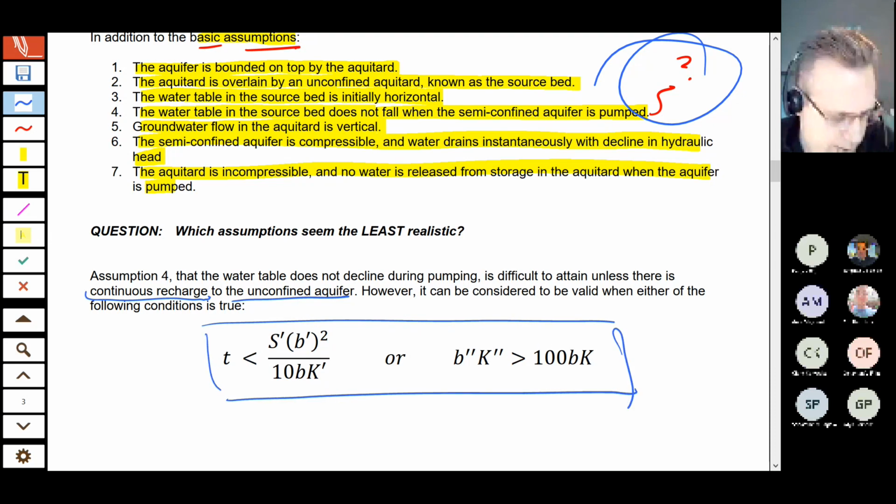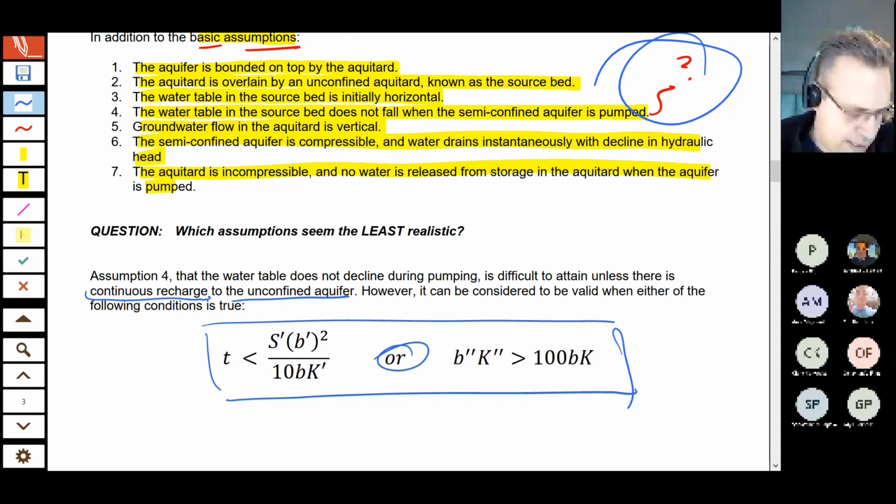So we're going to have a couple of different checks here to check for the efficacy of the Hantush method, and we'll go through these as an example function. We have an either-or situation where we could do a time function versus storativity, or the hydraulic conductivity of the confined bed in relationship to the hydraulic conductivity and the thickness of the semi-confined bed.